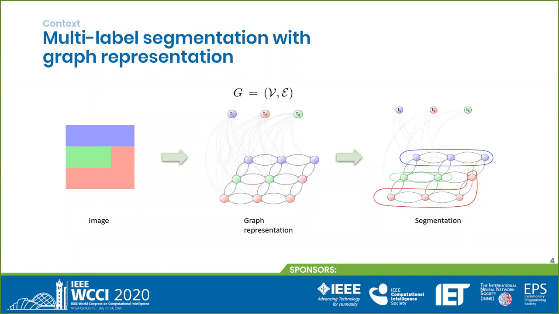To represent an image as a graph, you can represent each pixel as a vertex in the graph. Each terminal node represents a label, and the edges are composed of two sets, terminal links and label links. The segmentation of the graph is performed using cuts in the graph, as shown in the figure.